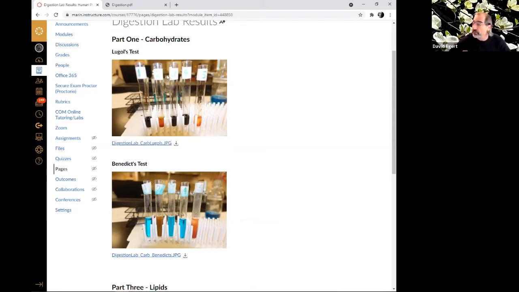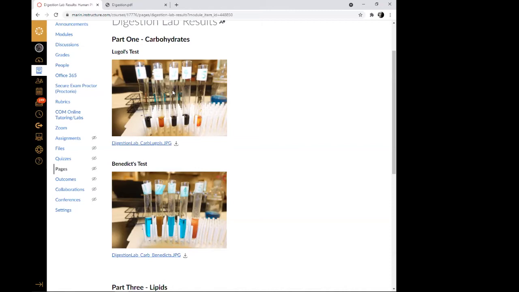How about somebody else? What happened in tube 3, the one where we had the hydrochloric acid added to the mix? It looks like the starch wasn't broken down at all into maltose for Benedict's. Exactly.